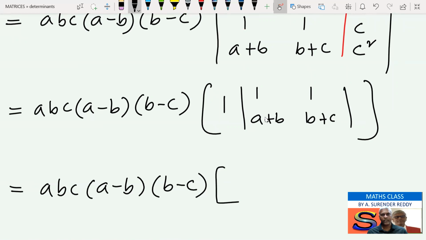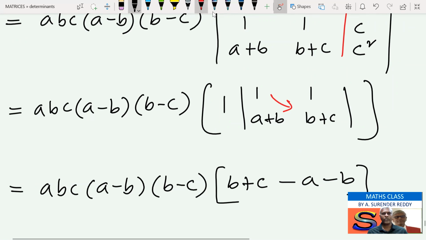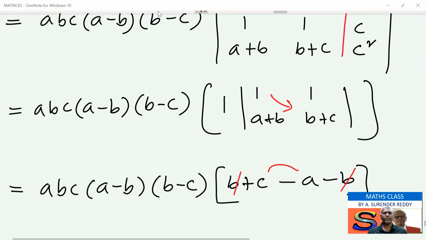So this is cross multiplication, AD minus BC: 1 into b plus c, that is b plus c, minus 1 into a plus b. So minus a minus b. Now plus b minus b will get cancelled. Only c minus a will remain.